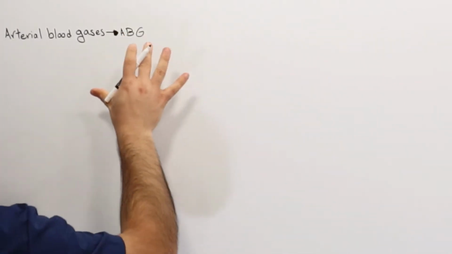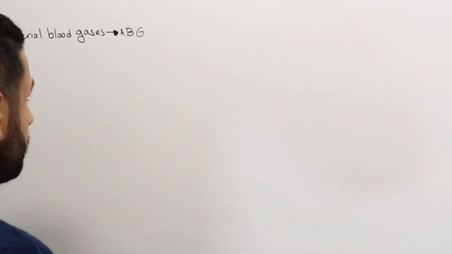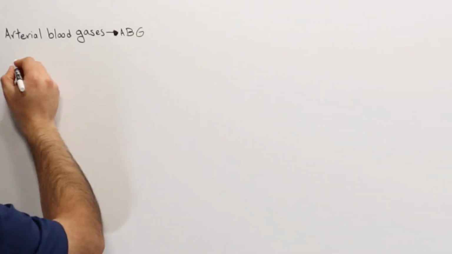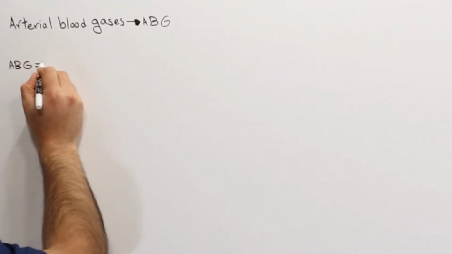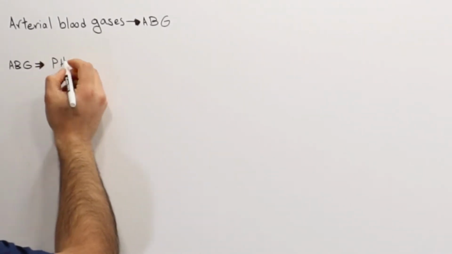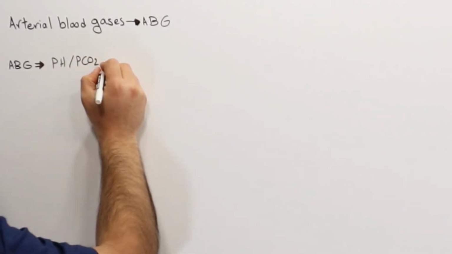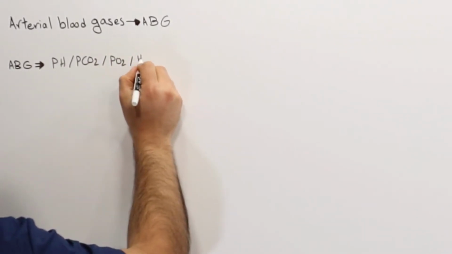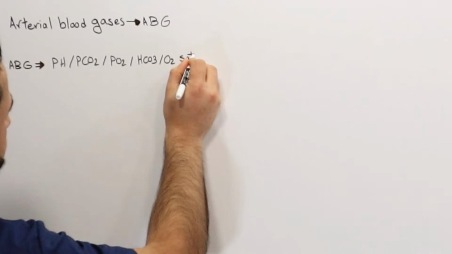The way you're going to see ABG, if you're working or taking an examination or any quiz, is ABG equals pH slash PCO2 slash PO2 slash HCO3 slash O2 saturation.